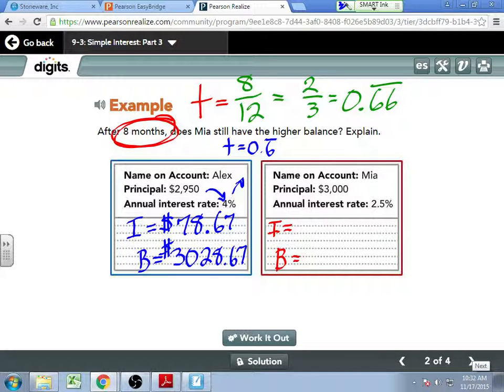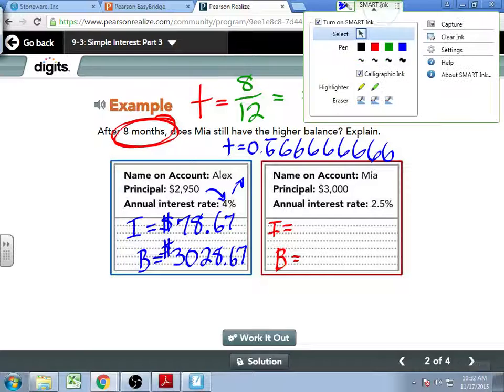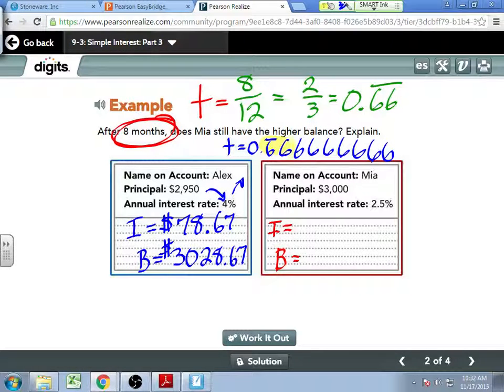Wait, what? I thought 77.88. Did you use 0.6 without repeating it at all? You need to use at least 3 or 4, because this is really 0.6666666. All these 6s are important, and as we go to the right, they get less important.